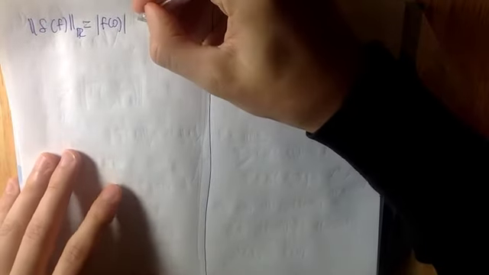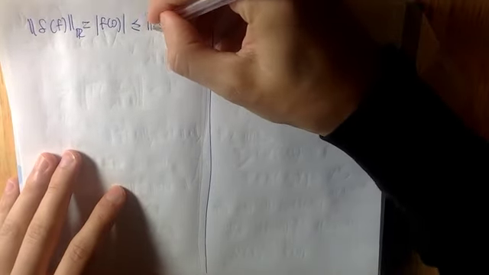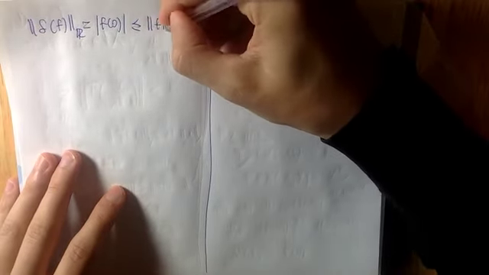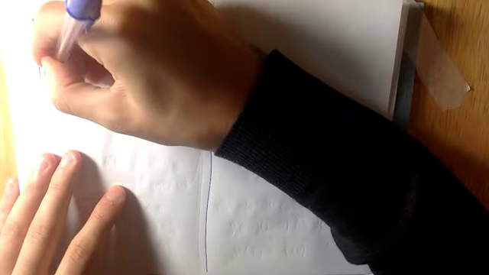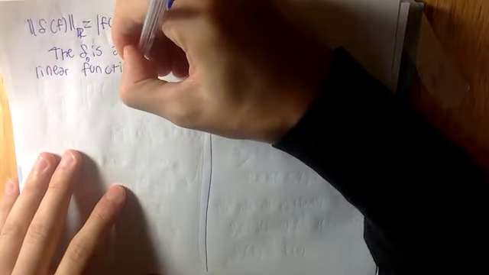And this is clearly less or equal than the L infinity norm of f. So delta at 0 is a continuous linear functional on C0. This is an example of a functional, one of the typical examples.